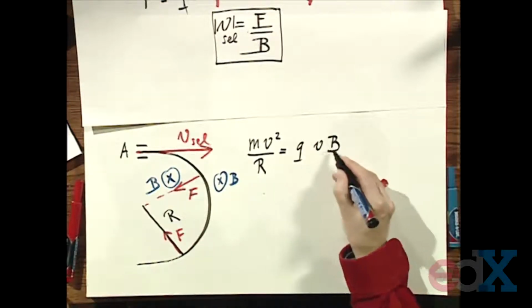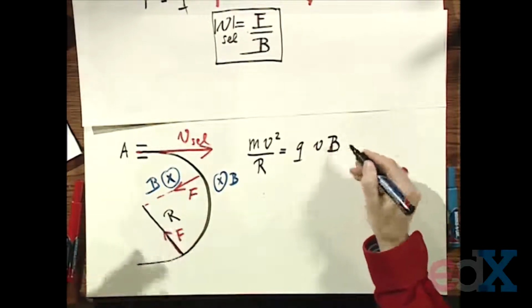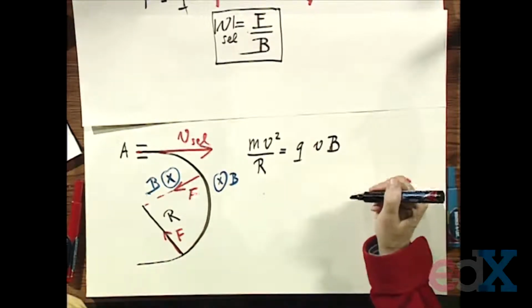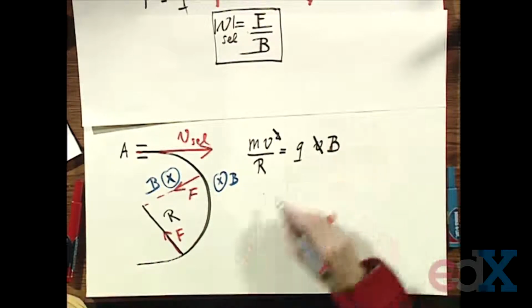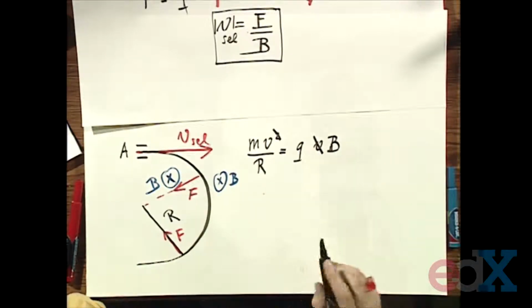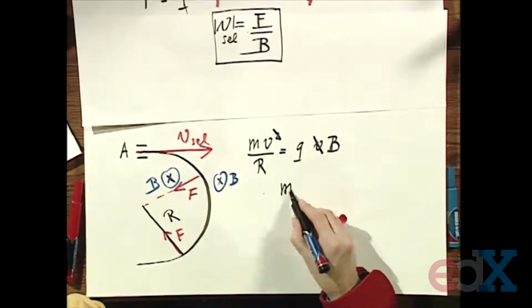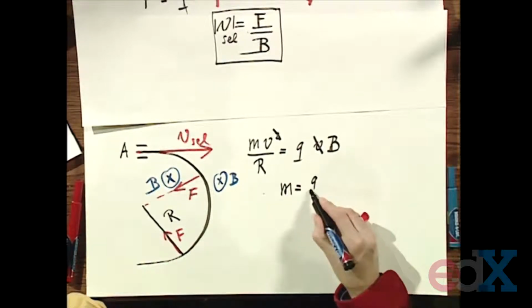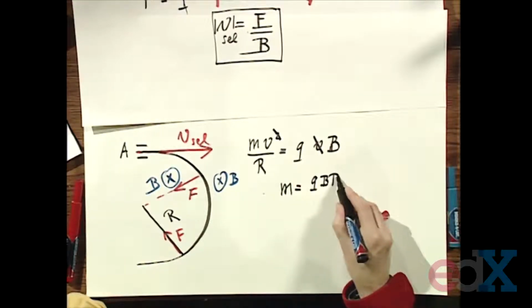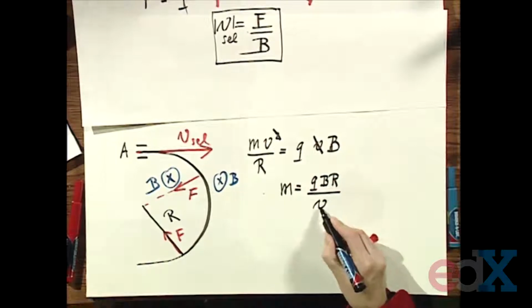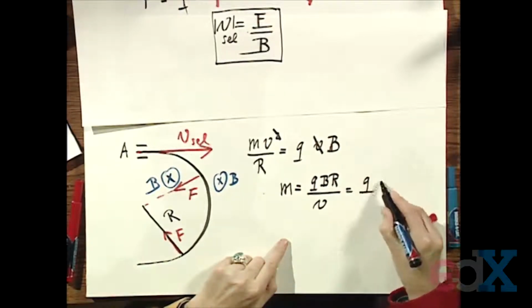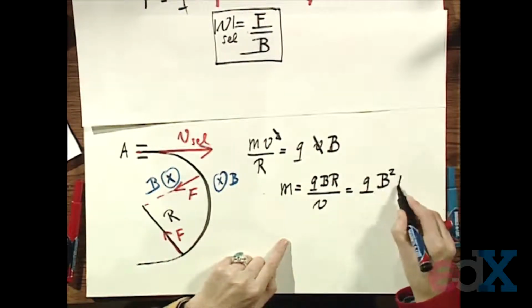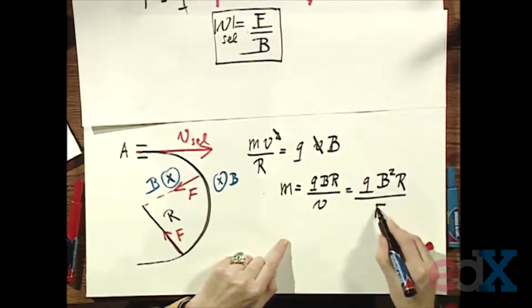Again, I leave the cross out because the sine of theta is either plus or minus 1. I lose a v, and what do I find? That the mass equals q times B times r divided by that selected velocity, which itself was E divided by B. So I get this simple relationship.